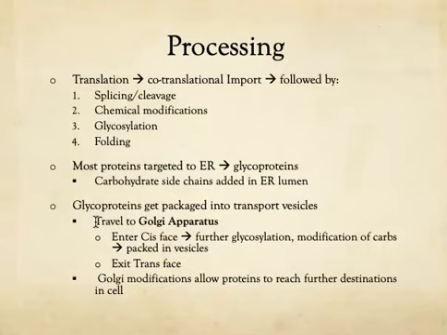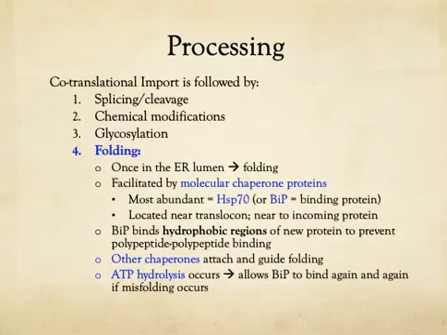That's where further glycosylation can happen, or carbohydrates that have been added to that protein can be modified. Eventually, that protein will get to the trans face of the Golgi apparatus, get packed into a vesicle, and be sent to its destination. And of course, sometimes that destination is back to the rough endoplasmic reticulum.